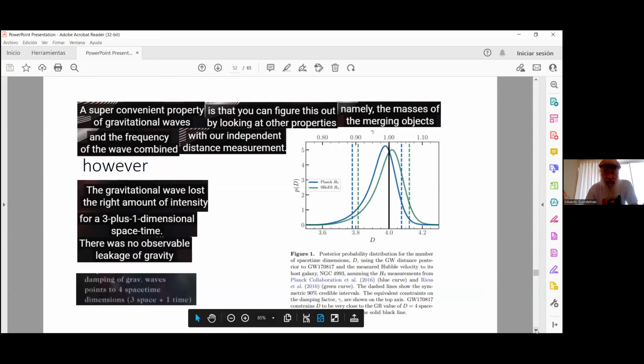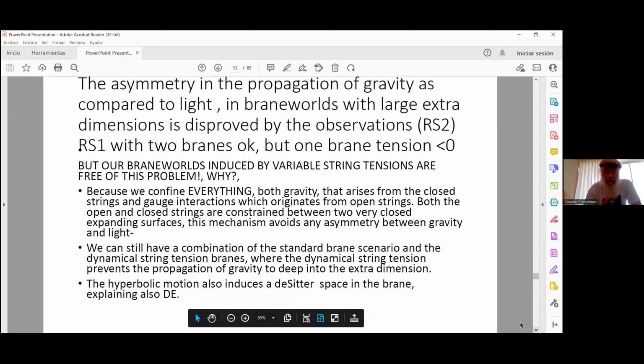But this paper says that this is very constrained. You don't see any difference between the intensity of the gravity and the gauge fields. You say D equals 4. There is no asymmetry in the propagation of gravity as compared to light.